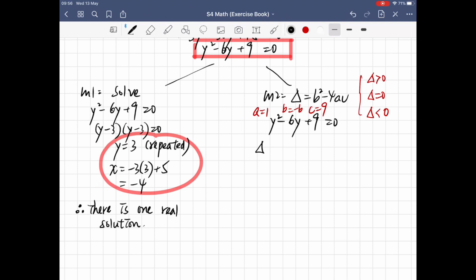Then we can get the value for delta, which is b squared minus 4ac, which is 36 minus 36, and finally it is 0. So therefore we know that in this equation there is only one double root. Finally we can answer the question. There is one real solution.